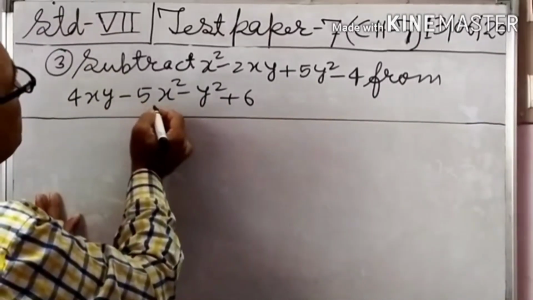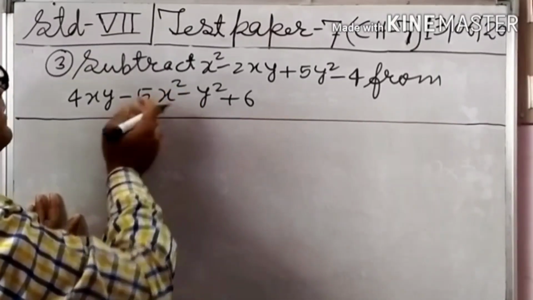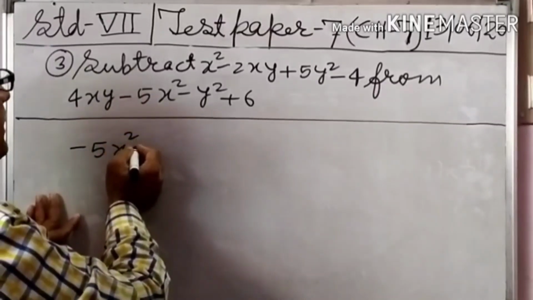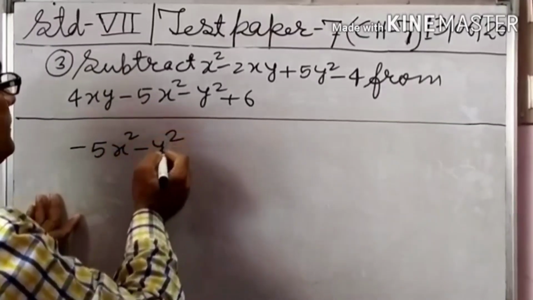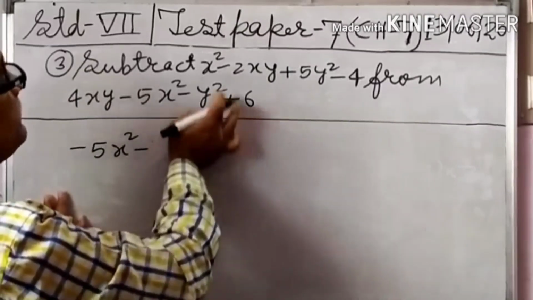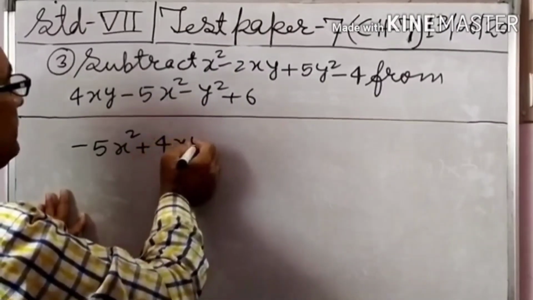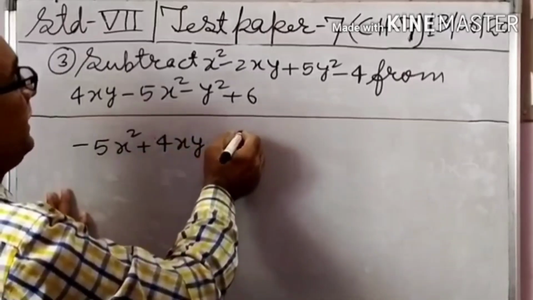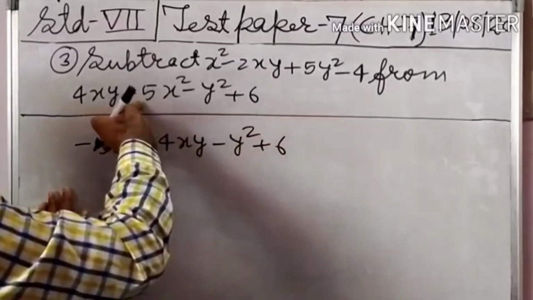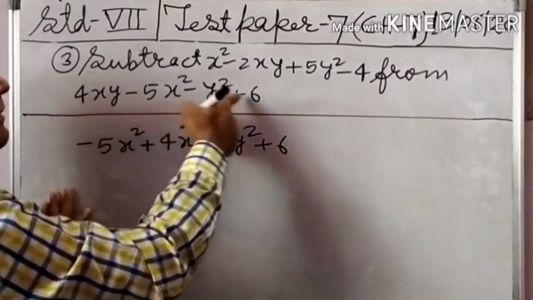So write it in descending order: minus 5x square plus 4xy minus y square plus 6.